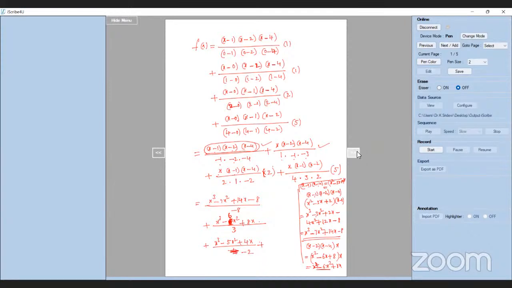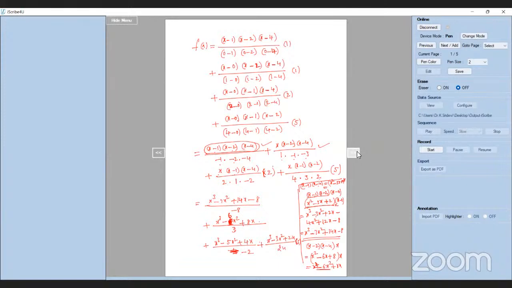So according to this one, (x minus 1) into (x minus 2) into x. So that means (x minus 1) into (x minus 2) is this one. So into x means x cube minus 3x squared plus 2x by 24, into 5.